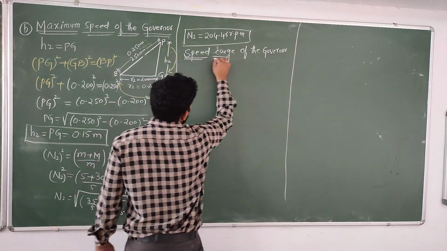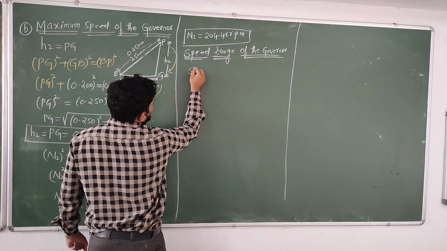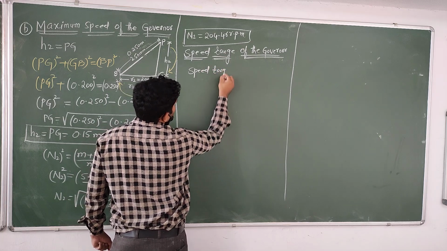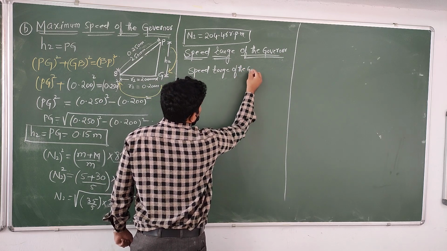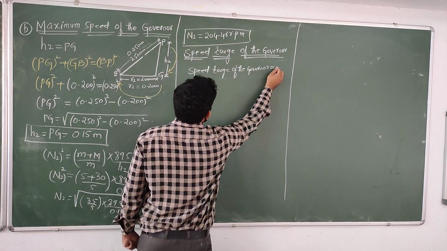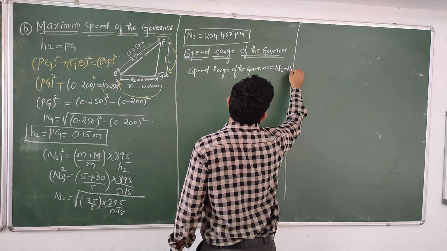Speed range of the governor equal to N2 minus N1.